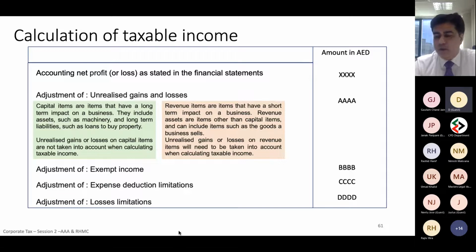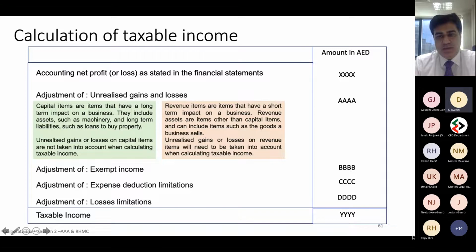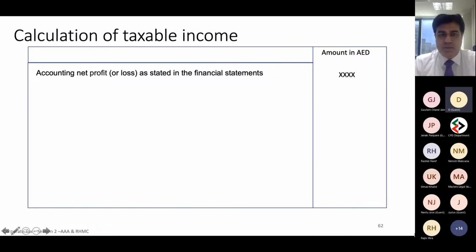If you have a group company or a parent structure kind of entity, what happens in those structures and what kind of loss limitation you can take also becomes part of it. We are going to review each section in a little more detailed way and see how it gets attracted. That's how you calculate your taxable income.